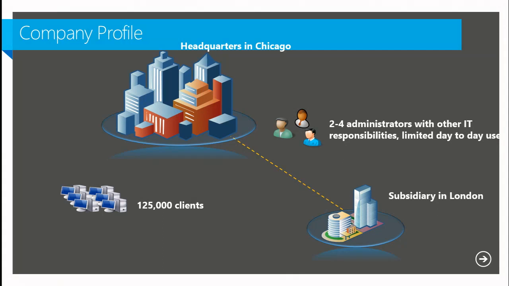You could do that with one single site server, one standalone primary server. But in this case, I'm going to go big and show you the options that are available here. And again, normal operating procedures in this profile, having standard application delivery and so forth.